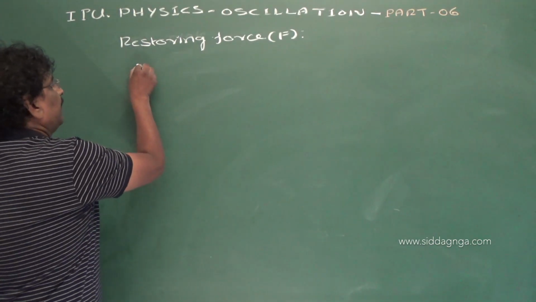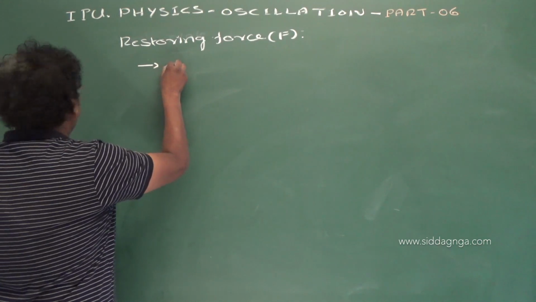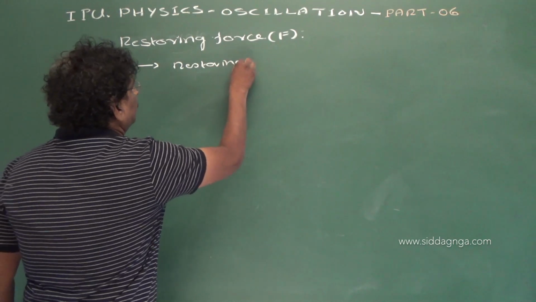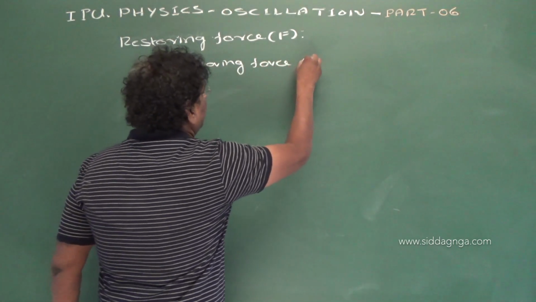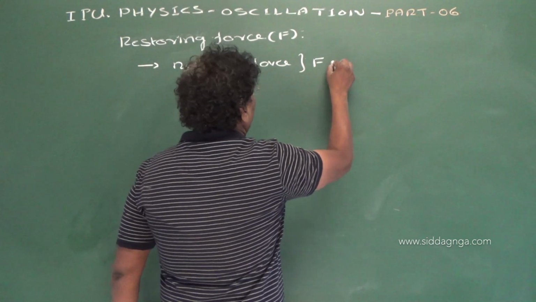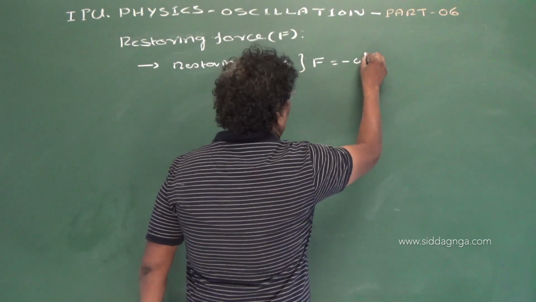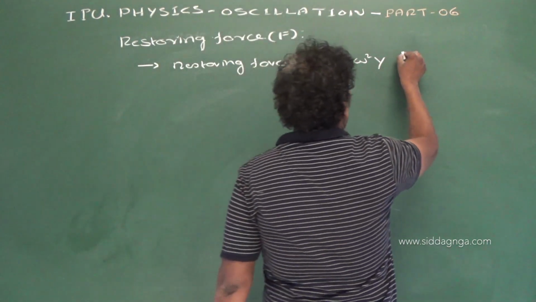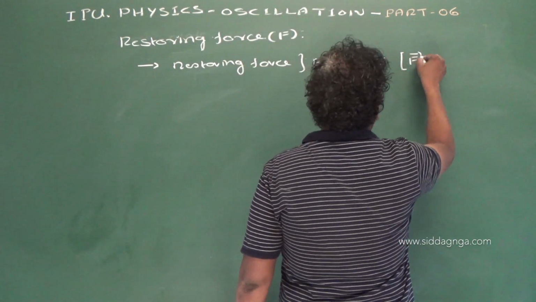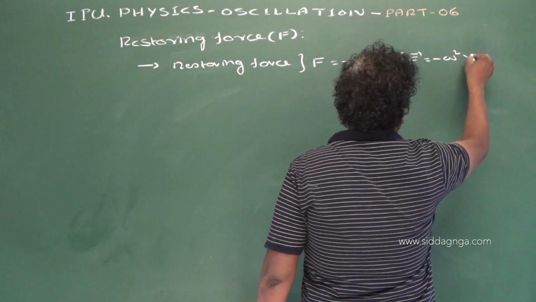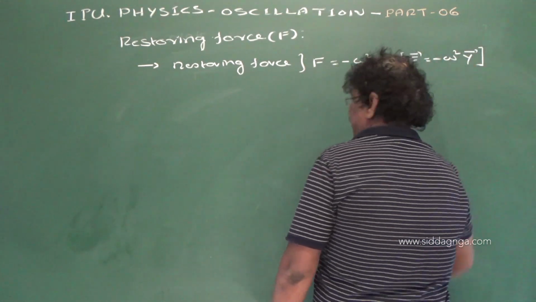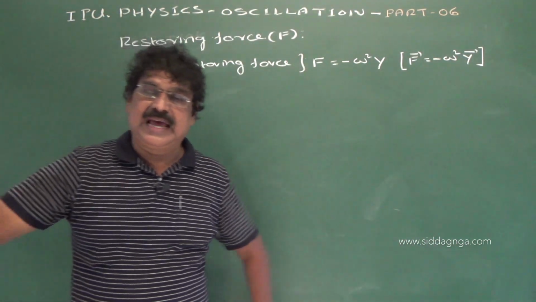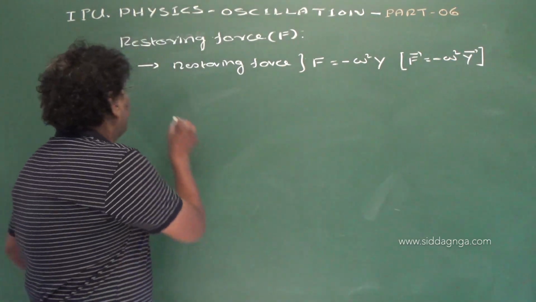Now we have the restoring force F equal to minus m omega square y, or in vector form, vector F is equal to minus m omega square vector y. So F and y are always in opposite directions.